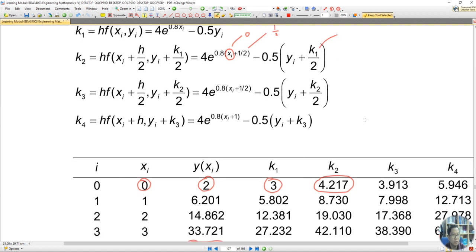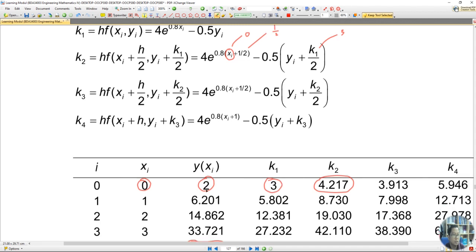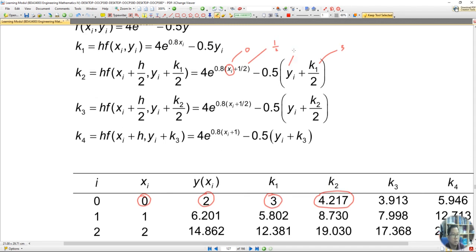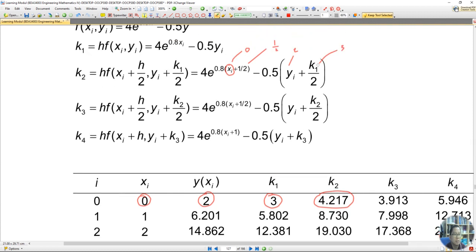K1 is 3, and y1 is 2, so you have to put 2 plus 3 over 2. So you will get this number, 4.217.